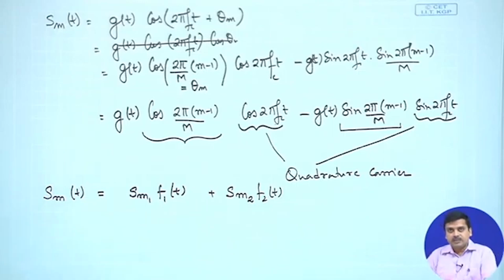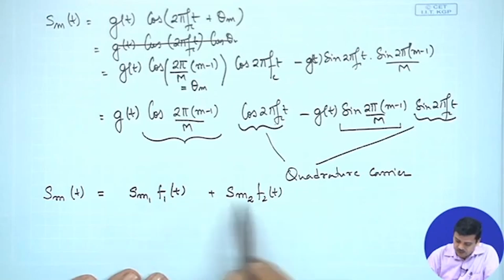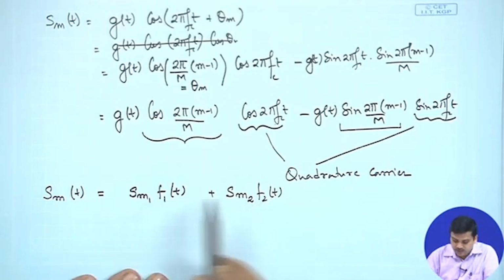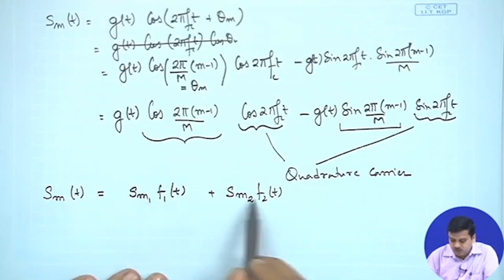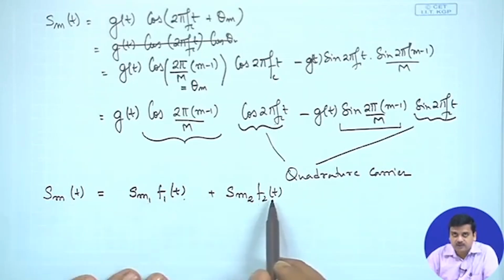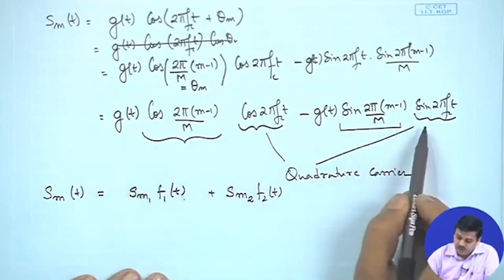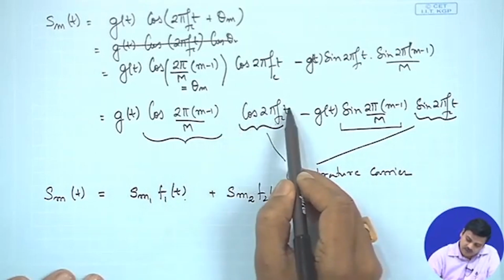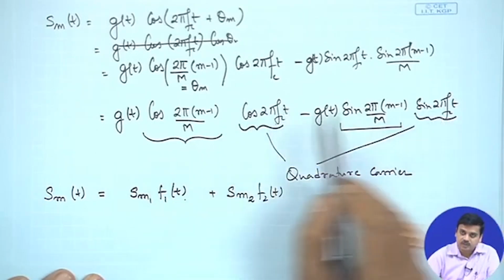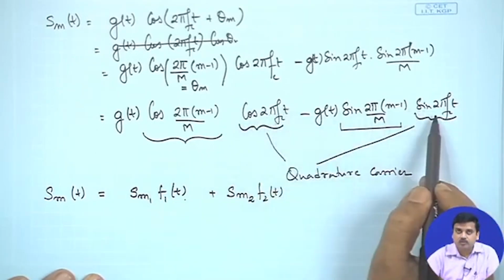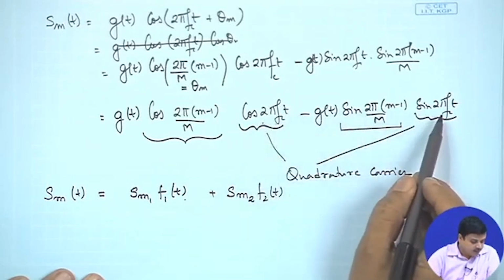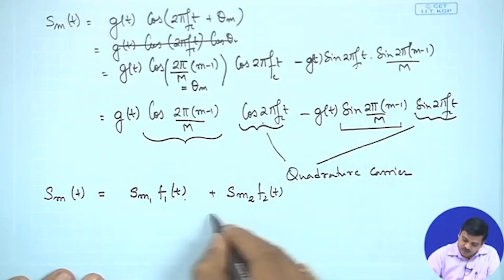So, what we mean by this is that we are interested in finding out the basis functions or the orthonormal functions f1 and f2, and would like to represent the signal as orthonormal expansion in terms of basis function. Now, by simply looking at this, we can identify that this cos 2 pi f c t and sin 2 pi f c t can serve as the orthonormal functions, because these two are orthogonal with respect to each other. And then we could use a similar form as we had done before.